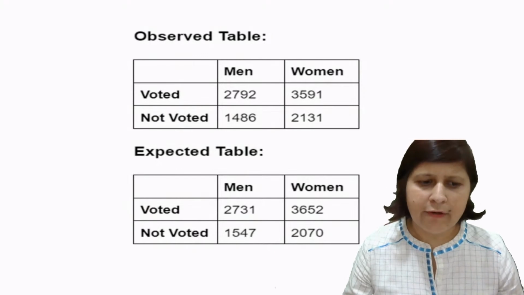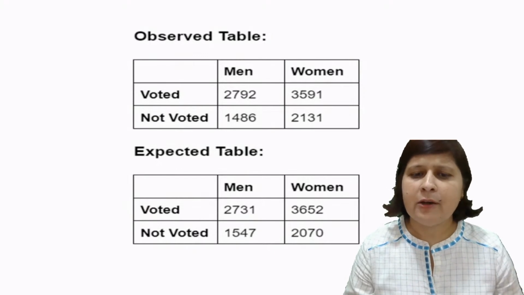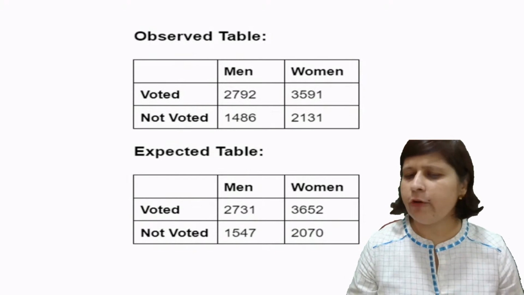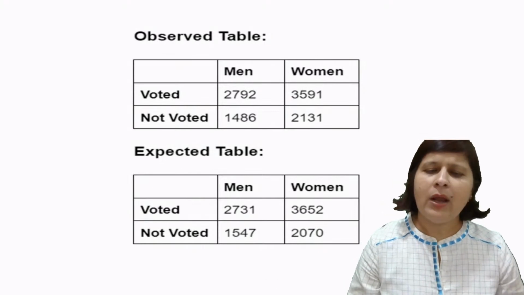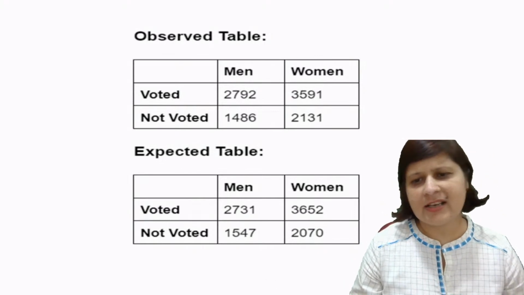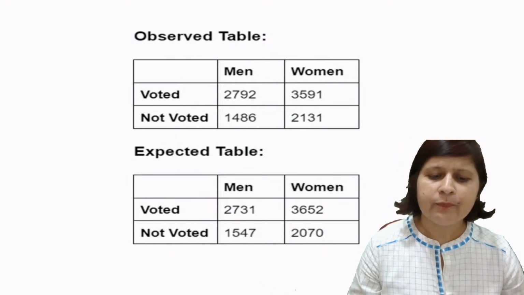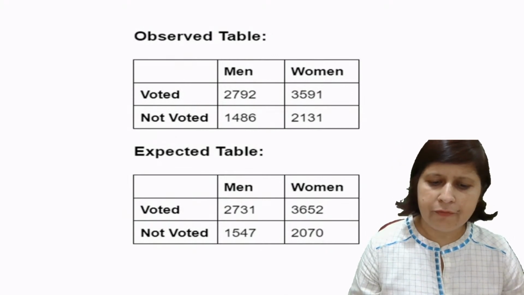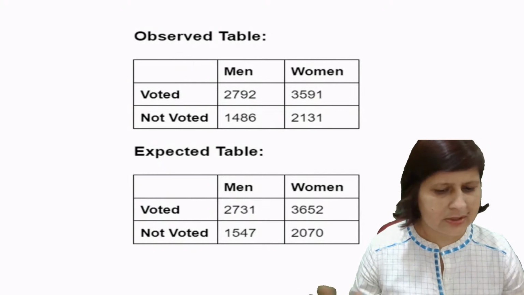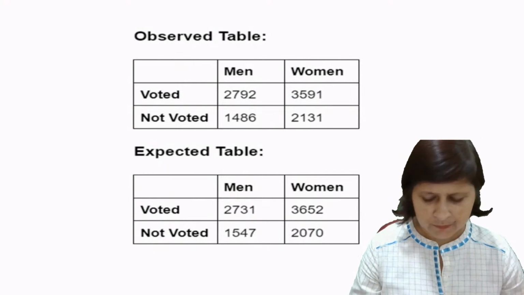Then my observed values for the men who voted are 2792 and women are 3591, while not voted men are 1486 and women are 2135. Expected values were 2731, 1547, 3652 and 2070 respectively, right?